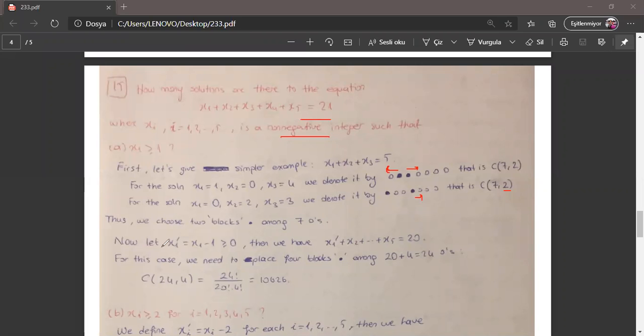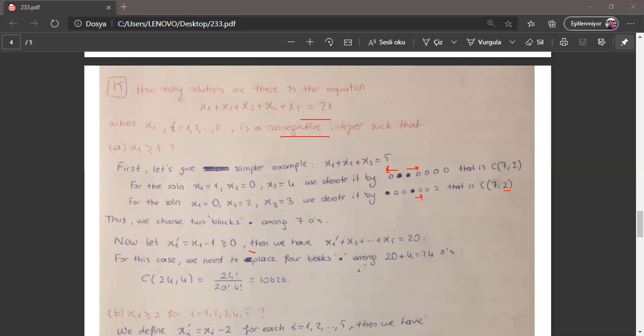That's why we let x1 prime be x1 minus 1, to have some number which is non-negative, okay? So now we have this equation. Remember, here we had 21, but instead of x1, we wrote x1 minus 1. So instead of 21, we have 20.